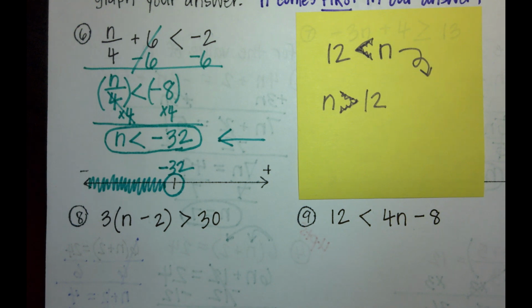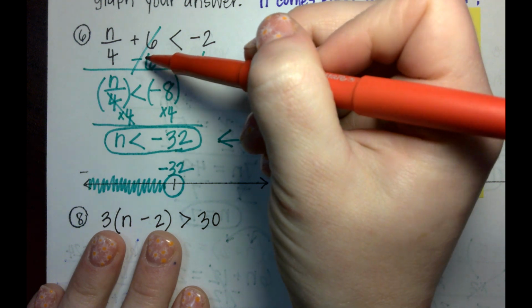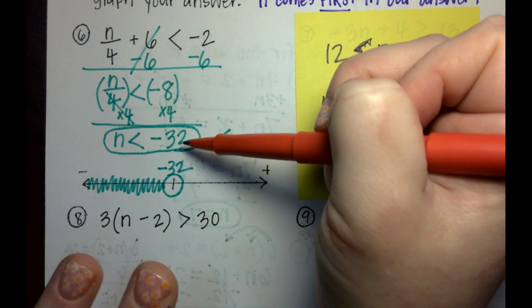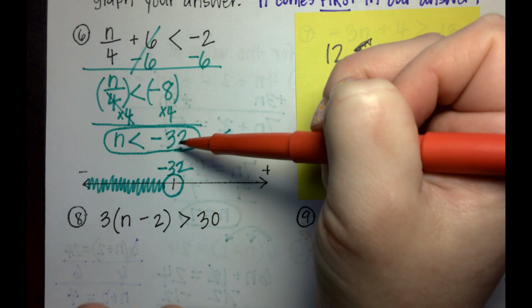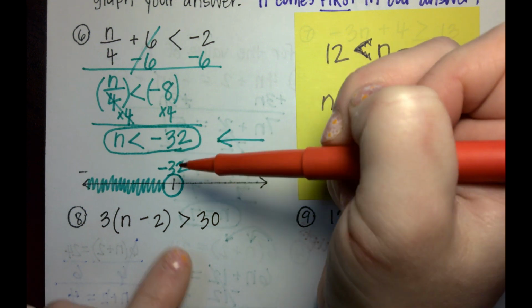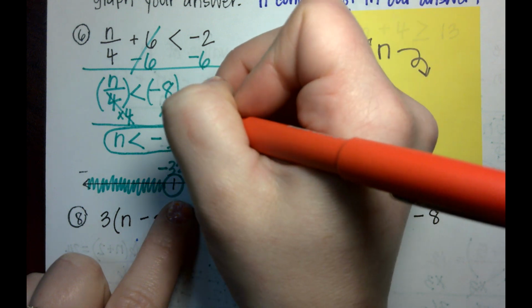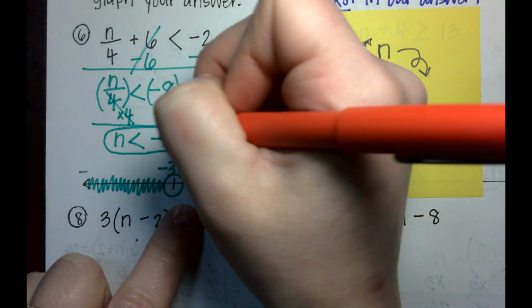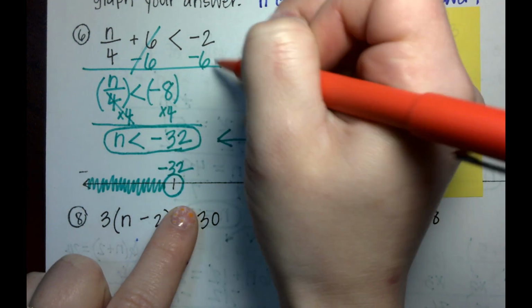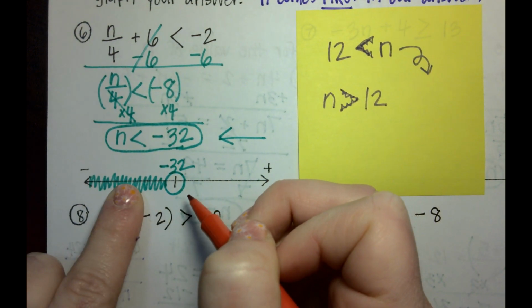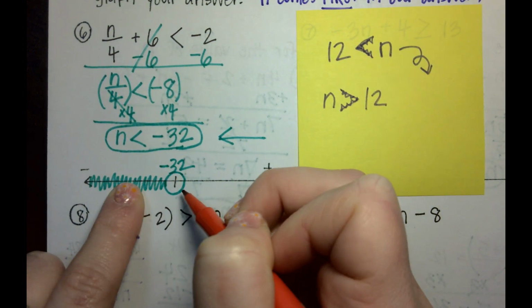Okay, so this problem, let's see, we subtract 6, that's 1 step, times 4, 2 steps, proper answer, 3 steps, and then our graph. So, let's say 3 points for getting the right answer and the right process, and then shading the right way, circle open.